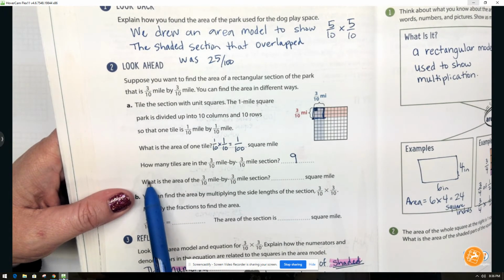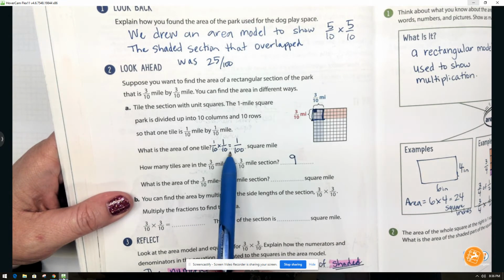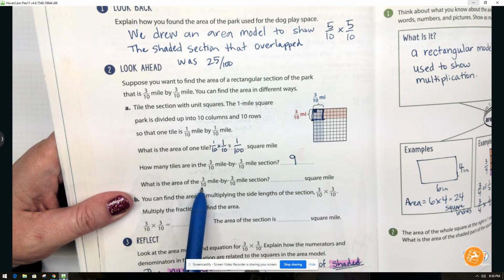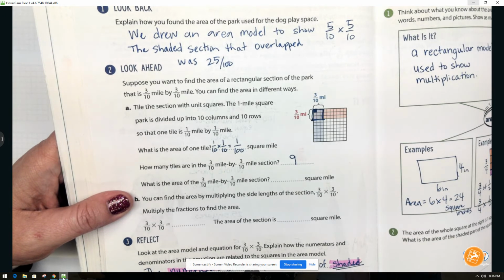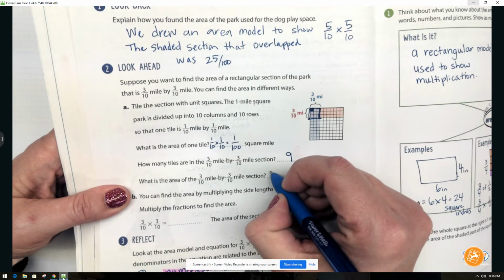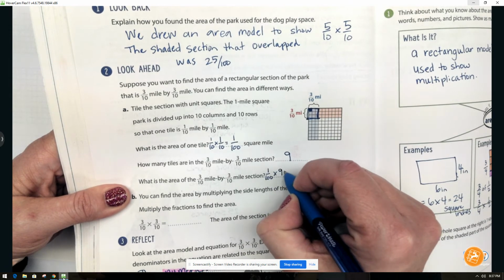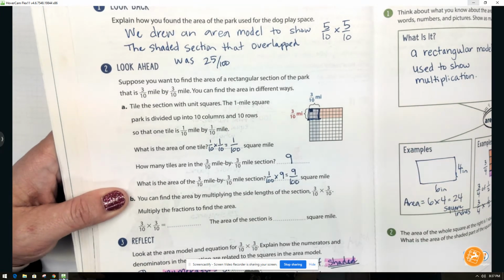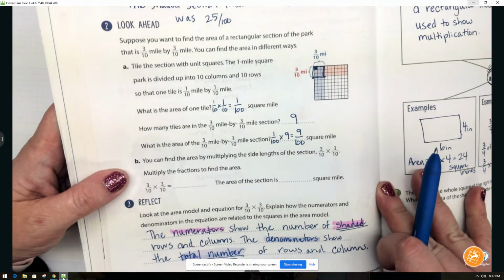So now, if we know that one of these tiles is 1/100th and we have 9 of them, what is the area of the 3/10 of a mile by 3/10 of a mile section? To find that, we would say, what is 1/100th times 9, which equals 9/100ths. We also could have solved that a different way.